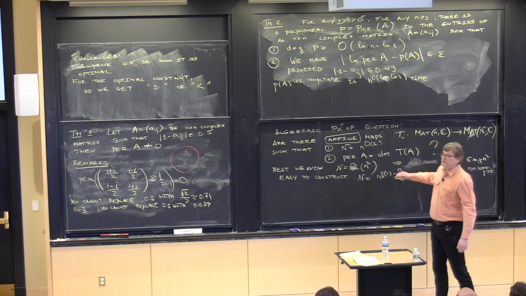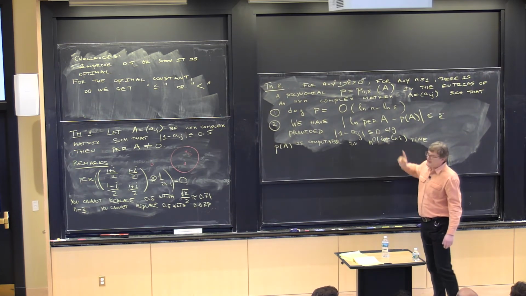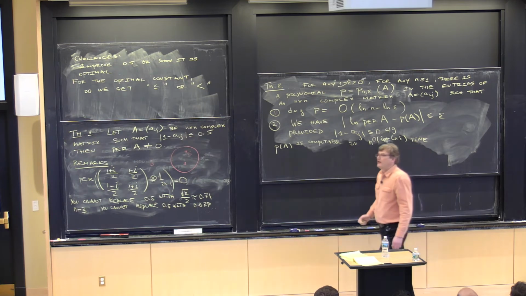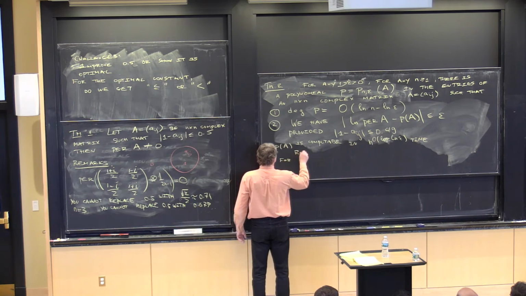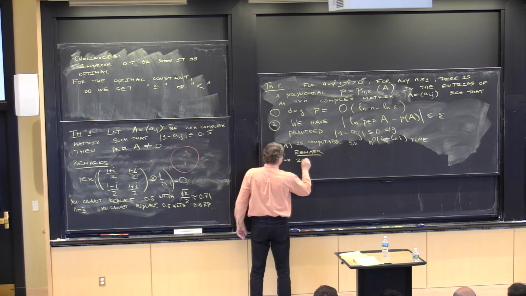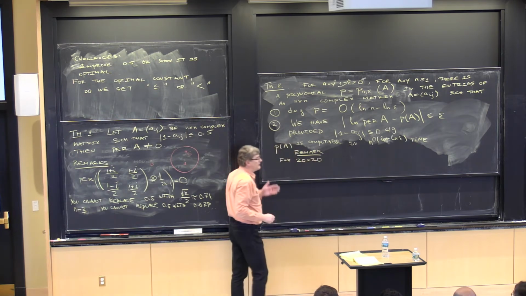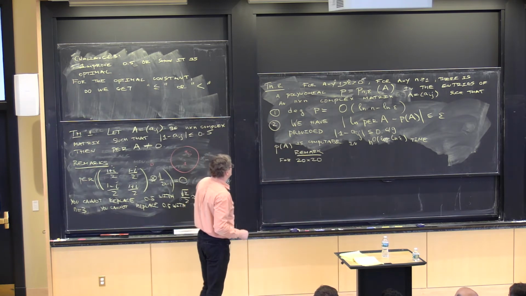So the last remark here is, so this actually works. For 20 by 20 matrices, that's where Maple can still kind of spit out an answer in reasonable time.